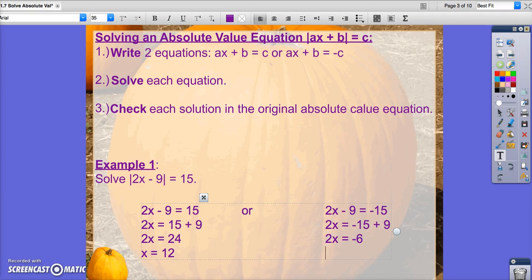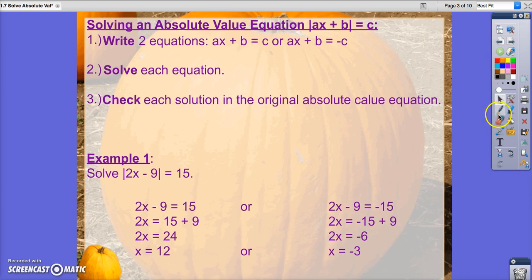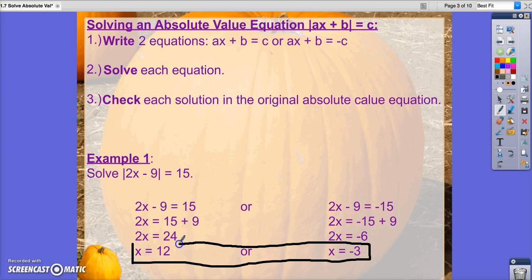When I divide, I will get x equals negative 3. So here's our answer. All right, and I'm going to actually draw around it there. I know I have a really big space here for us, but I would write my answer once I solve them as x equals 12 or x equals negative 3.